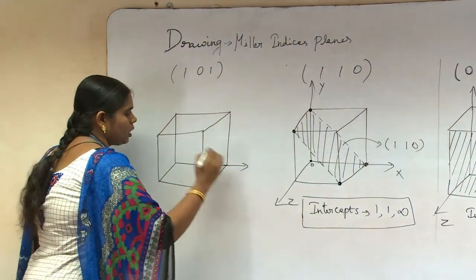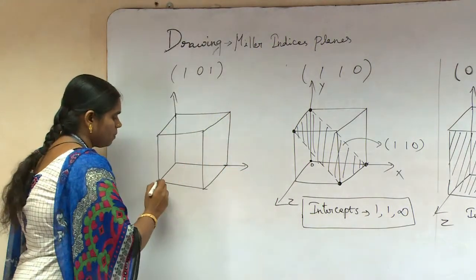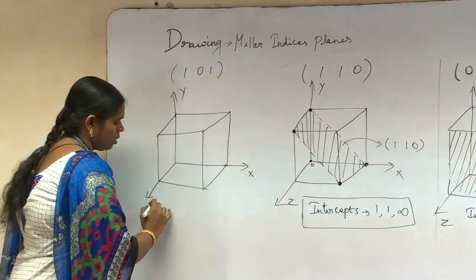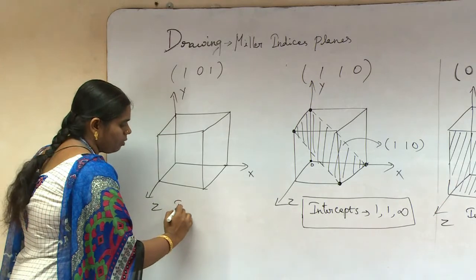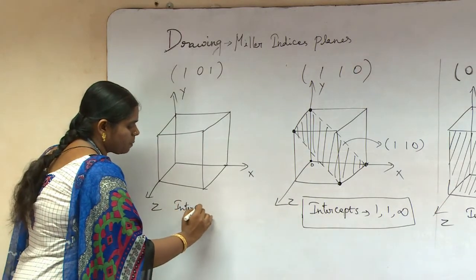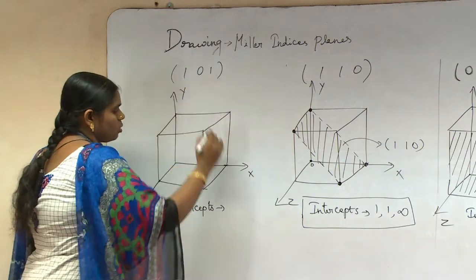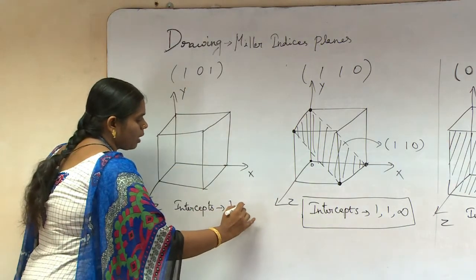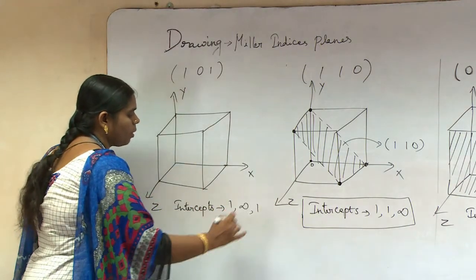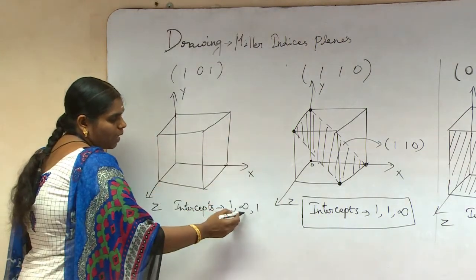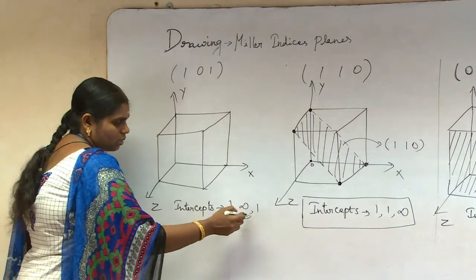Then mention the crystallographic axes x, y, z. Then find the intercepts made by this plane on these axes. So it's 1, infinity, 1. That means the particular plane we are going to draw is parallel to the y axis.